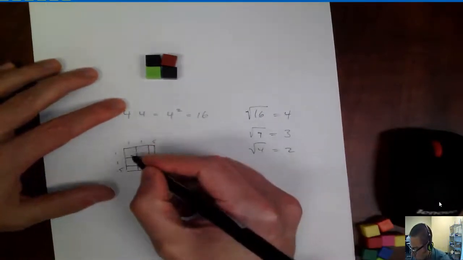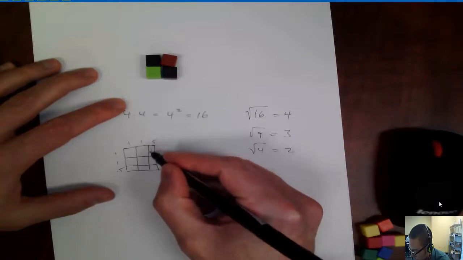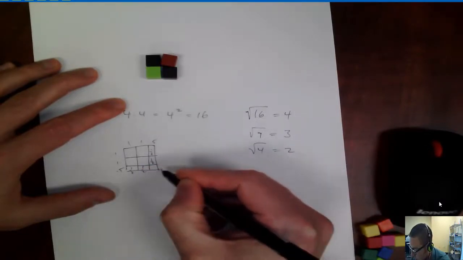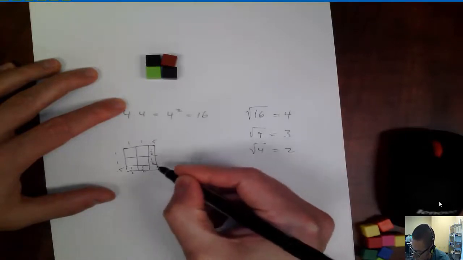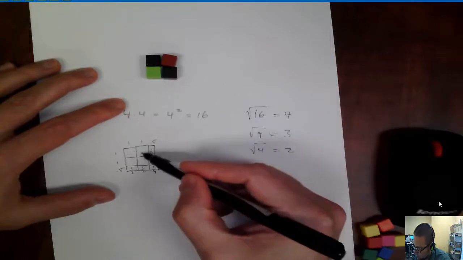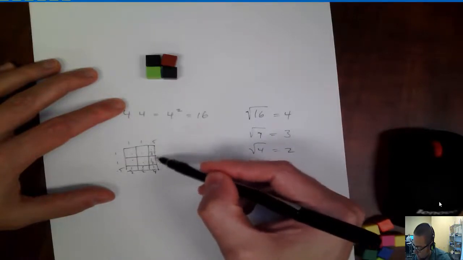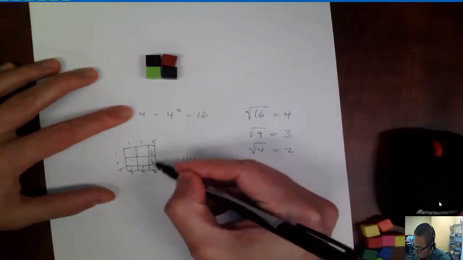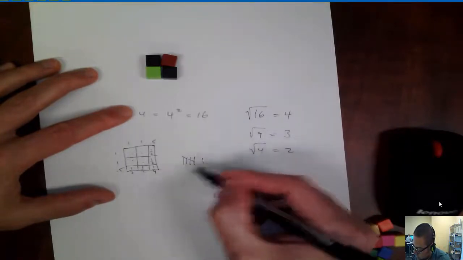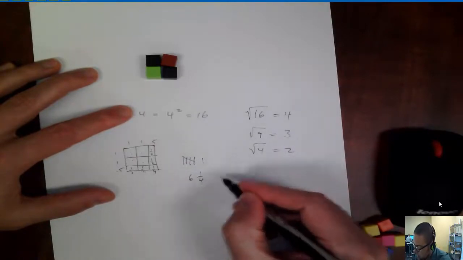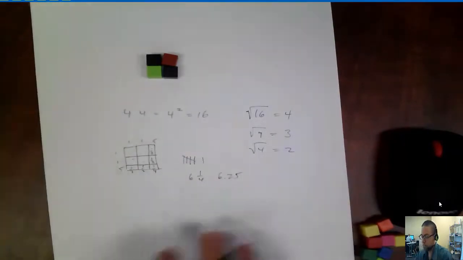So this would be 4, and then this is a half a square, and a half a square, half a square, half a square, and this is a quarter of a square, isn't it? So if I have 1, 2, 3, 4, and then half and a half make a whole, so I have 1, 2, 3, 4, 5, 6, and a quarter. So this would be 6 and a quarter, or 6.25, remember that.